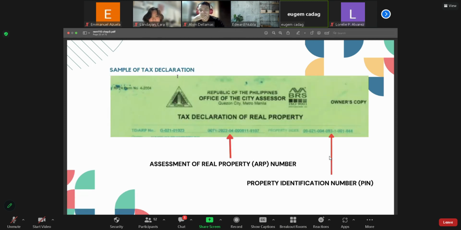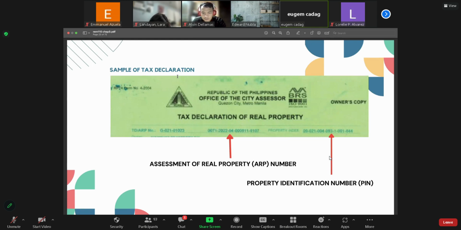I actually put here a tax declaration po, wherein we can see the property identification number. This property identification number is a 14-digit numerical code for the legal description of a piece of land, as it has been defined for the purposes of real estate taxation.